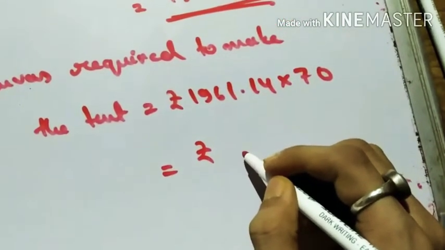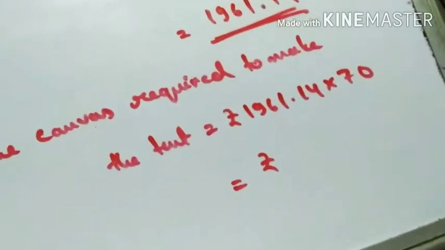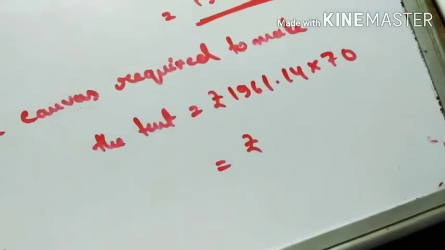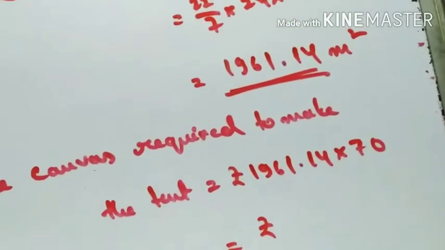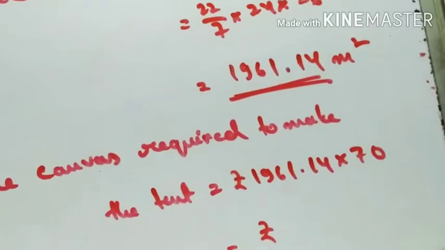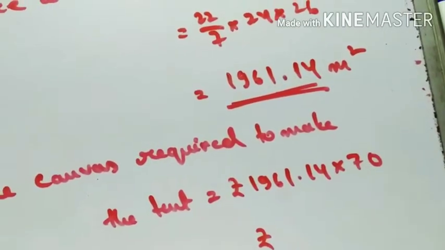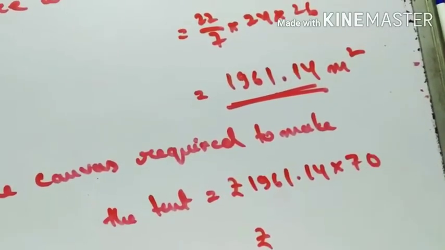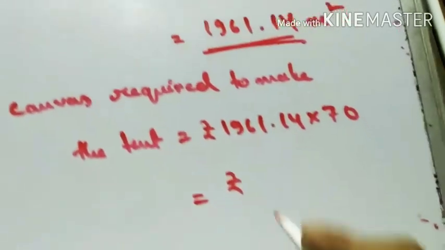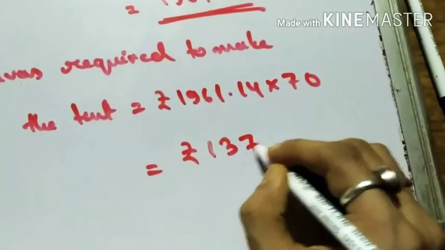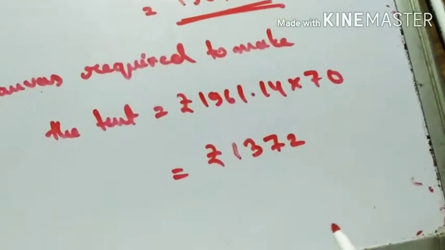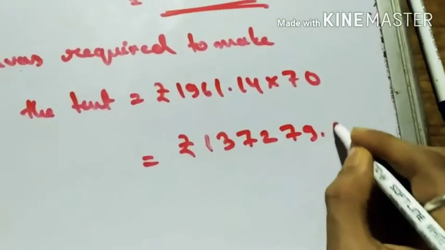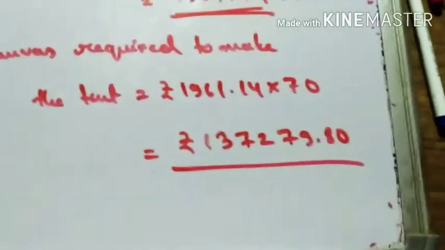Okay, into 70 is equal to, I will get rupees 137279.80. Let's check the back answer.